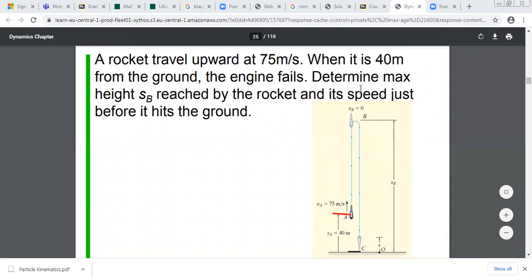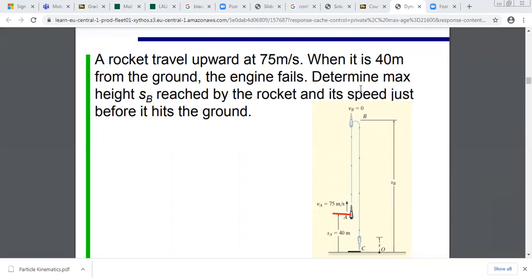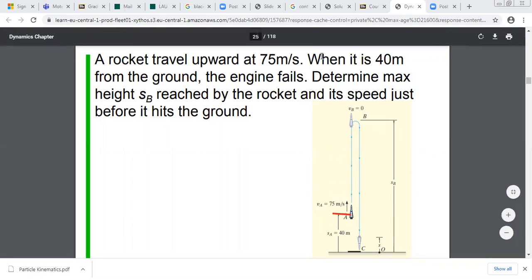When the engine fails, this means what? How can we profit from this information? So it means that the engine is not doing any force on the rocket anymore. So the rocket will be only exposed to which force?